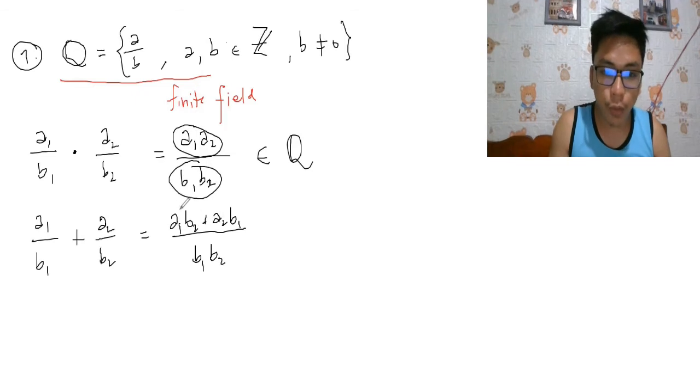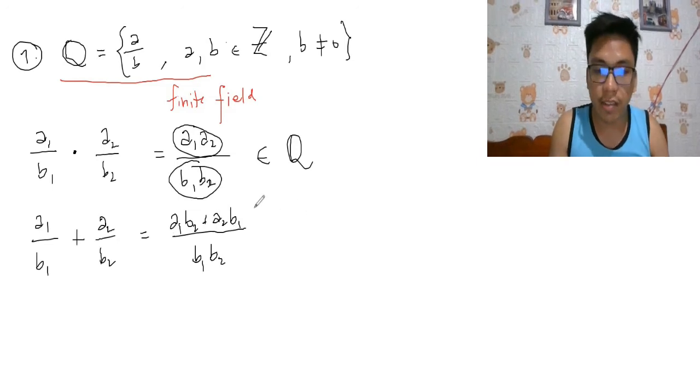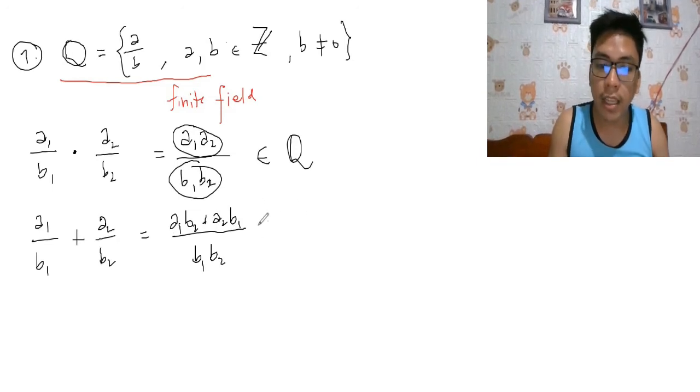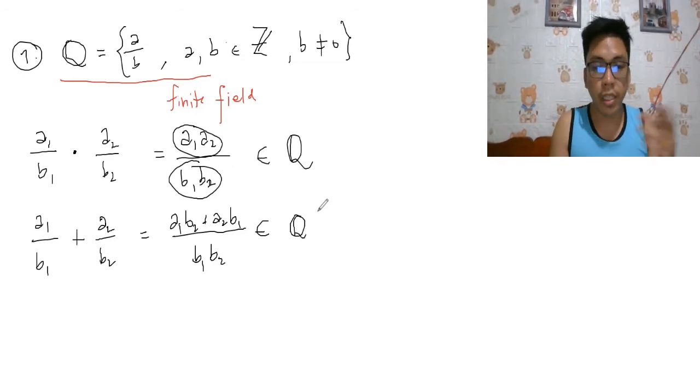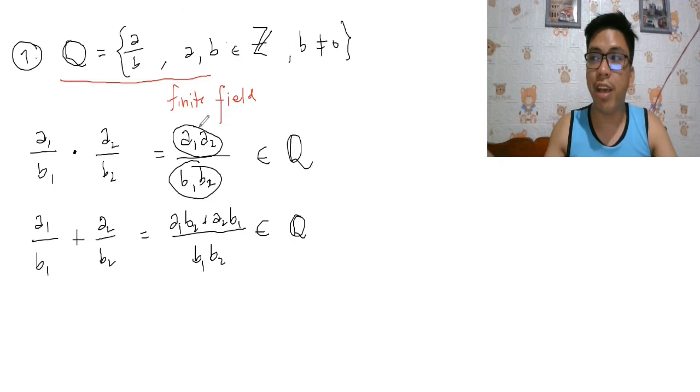So this product, which is already an integer since it's closed under multiplication, added to another product here is an element of the integers, implying that the entire thing is an element of the rational numbers. So Q is closed under multiplication and addition, which is pretty obvious because we have done that in our basic set theory class.